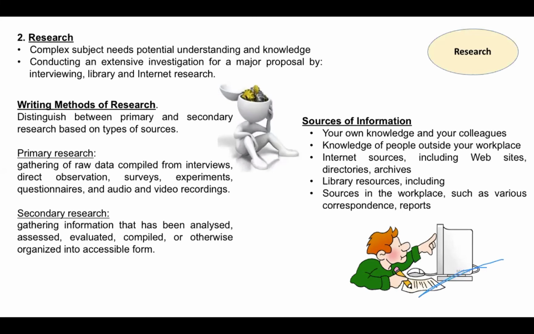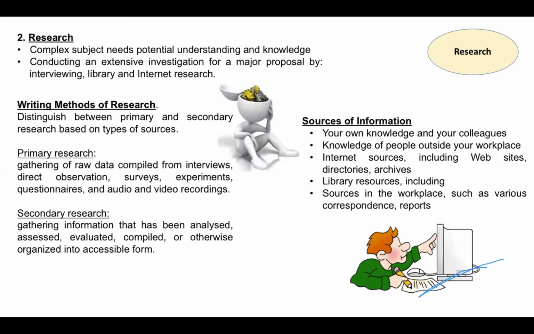But the first thing you need to do is to distinguish between primary and secondary research and determine whether you are working on a primary or a secondary. Primary is simply the gathering of raw data, compiled from interviews, direct observations, surveys, whatever the source of information, but they are raw data.